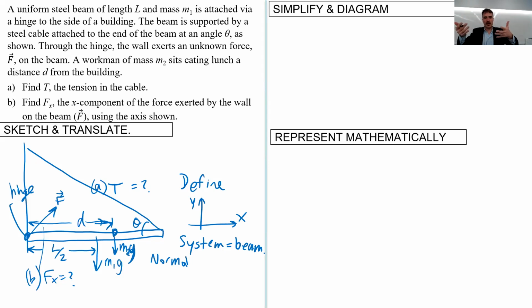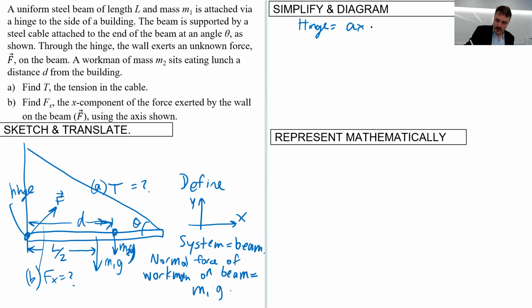And then by Newton's third law, the workman is pressing down on the beam with a force of magnitude M2 g. So the normal force of the workman on the beam is equal to M2 times g. I'm just going to write that as an assumption. So the hinge is the axis of rotation. We're going to again assume static equilibrium.